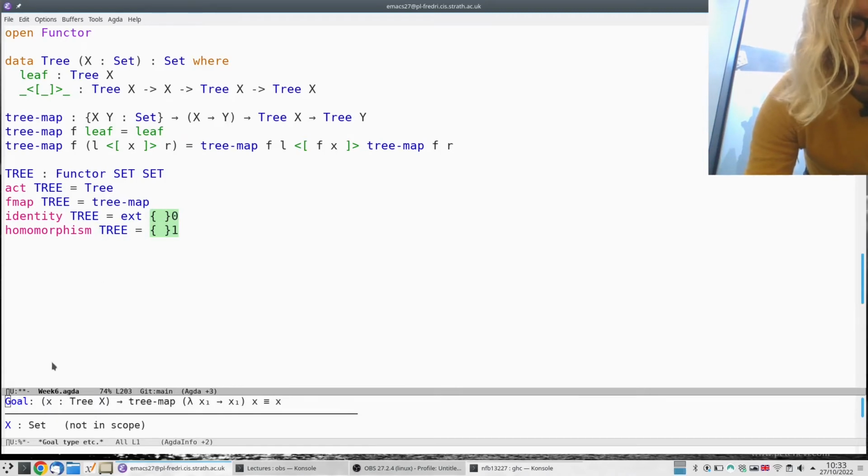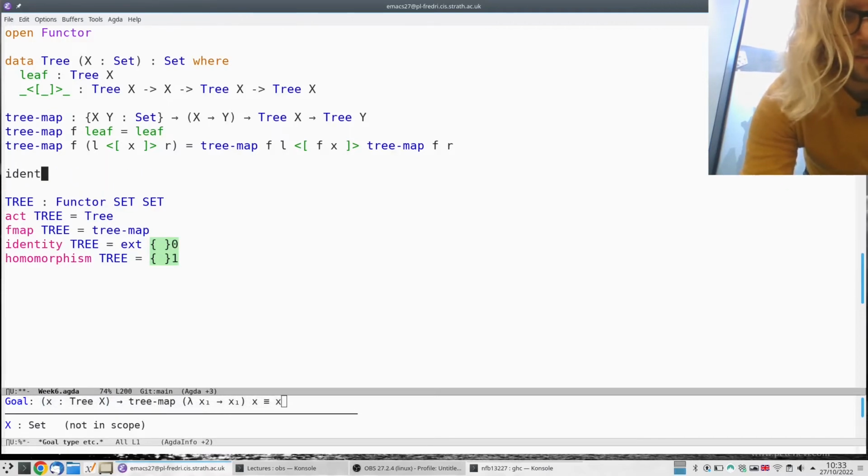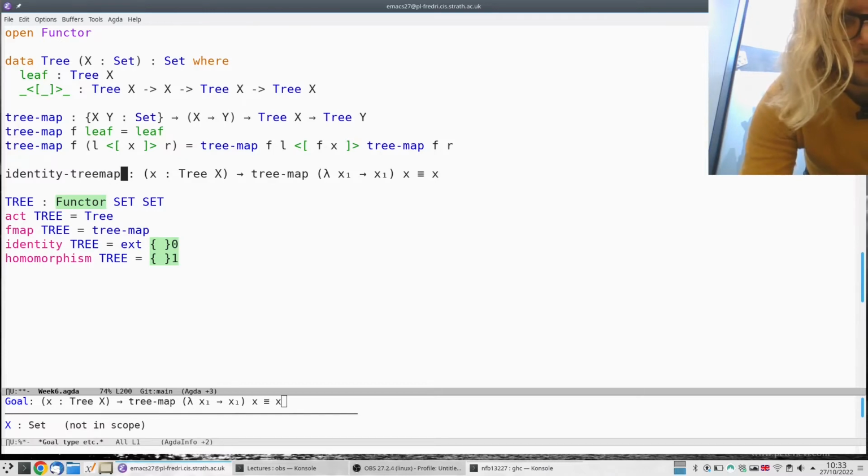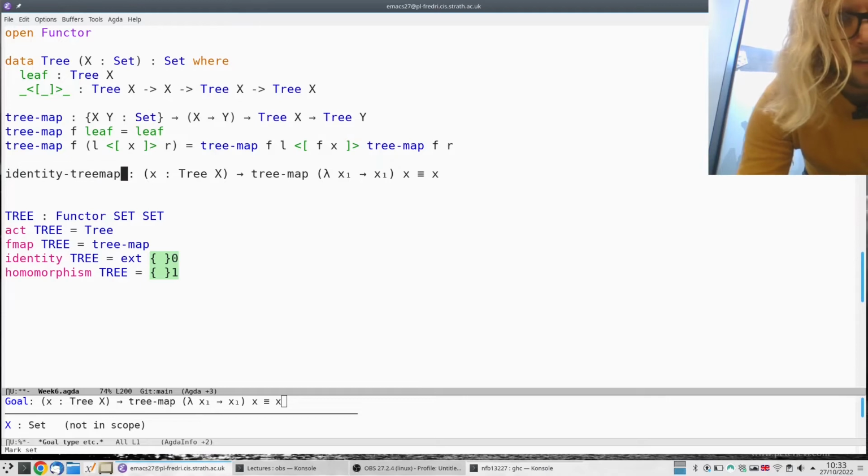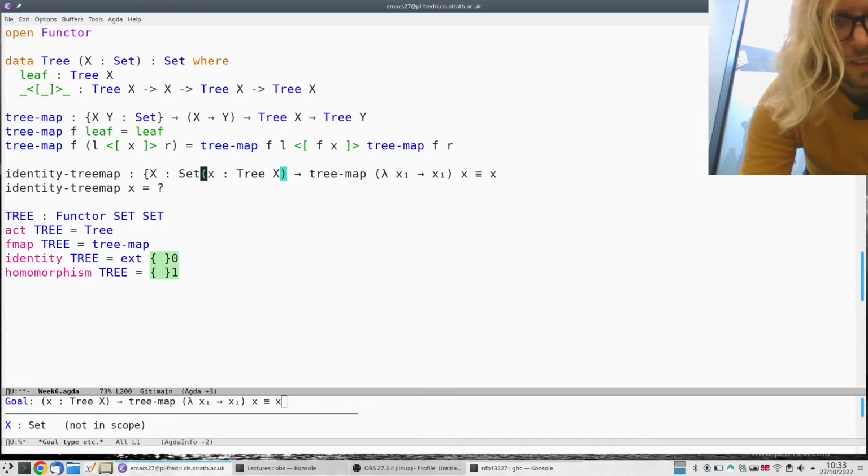you look at the goal, you copy the goal, and you put it up here, tree map. Okay, and then I realize this is talking about x, so we better introduce an x.